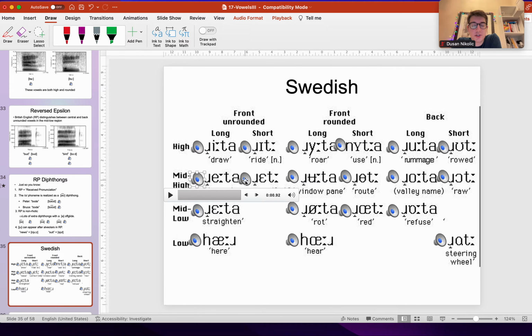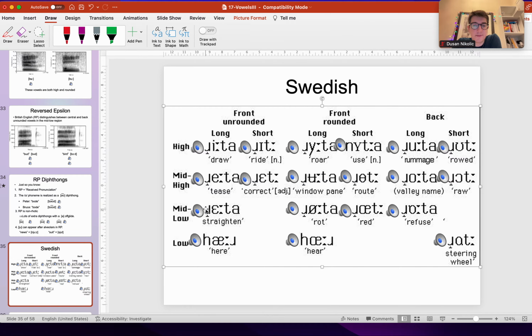Reta. Rätt. Räta. Här. I don't know why they transcribe them like this, and I don't like that transcription for some reason. But you can see all of their front and rounded vowels.